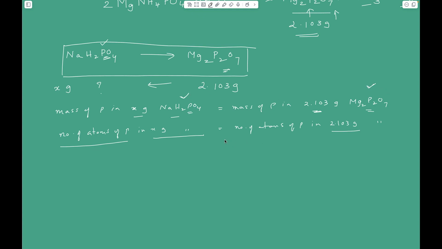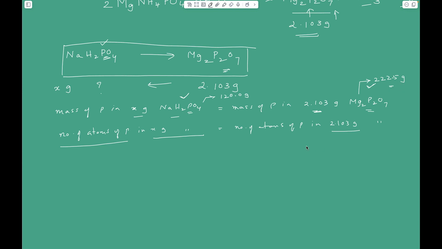We can do that. We have done similar examples before. From the formula of this compound, we can understand that its formula weight is approximately 120. So 1 mole of this compound weighs approximately 120 grams. Similarly, the formula weight of this compound is 222.5 and 1 mole of this compound weighs approximately 222.5 grams.